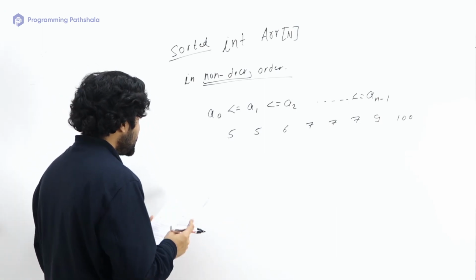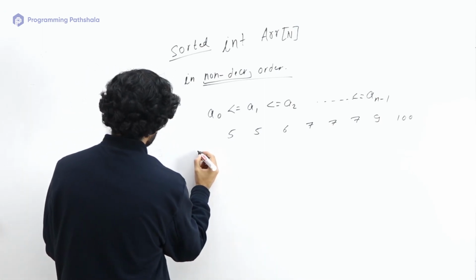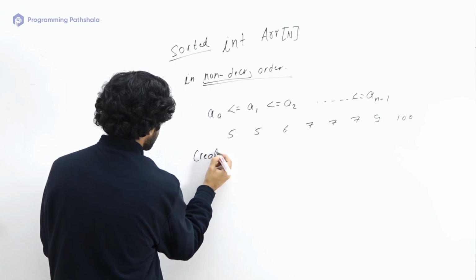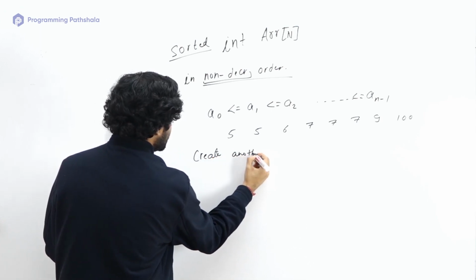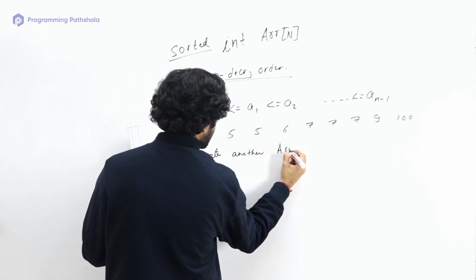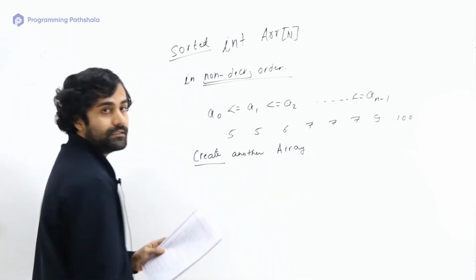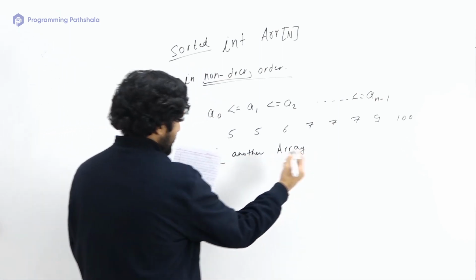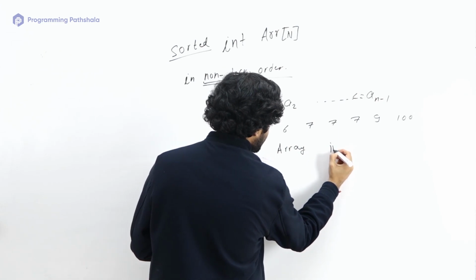Let's try to understand that. So the question is that you have to create another array, call that the result array.